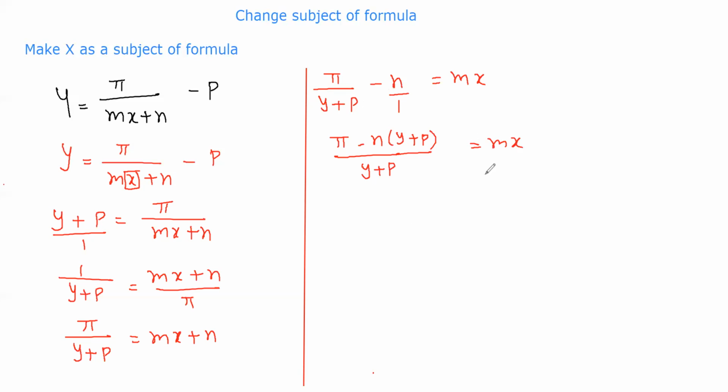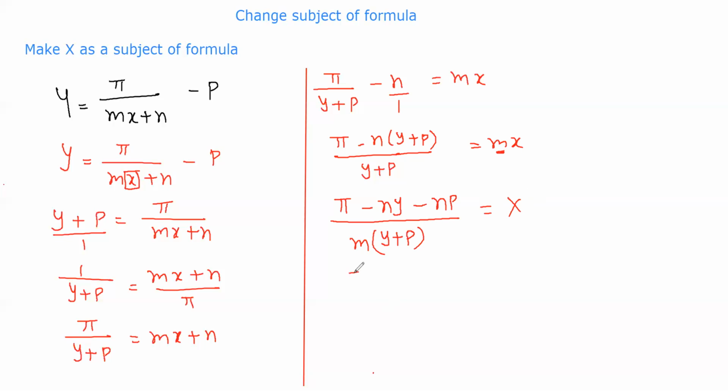Yeah. Now we can shift this m to the other side into the divide. So that will become pi take away n times y is ny, take away n times p is np, divided by y plus p, and this m will come into the divide. Right, now this is in multiply, it will come as a divide, is equal to x.